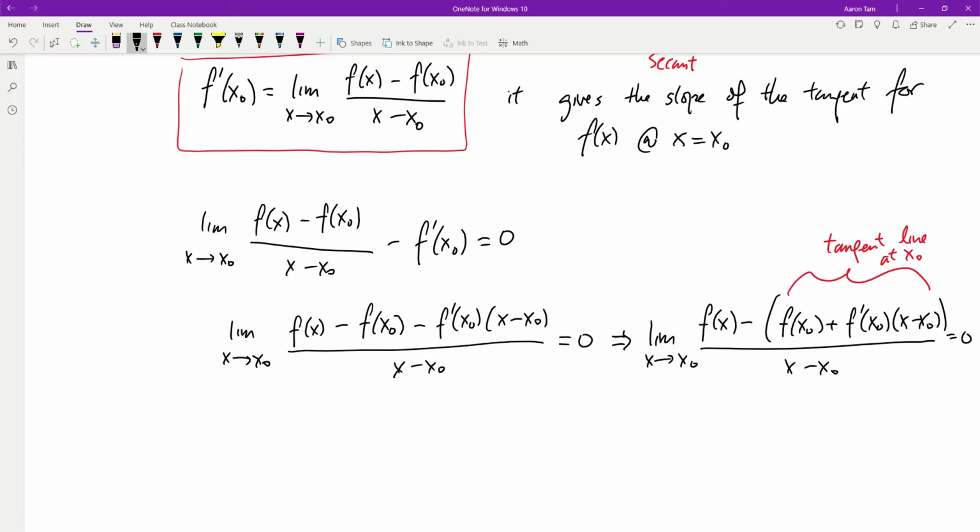So therefore, this entire expression basically identified the following. It basically identified the fact that when x approaches x sub 0, in order for this limit to equal 0, this top part must equal 0. And therefore, this definition is basically saying that a function has its derivative when you have this little slope that can form this tangent line where the function is actually equal to it.